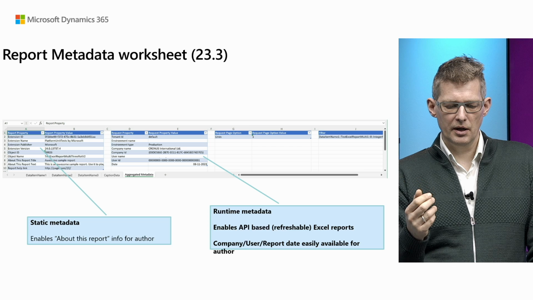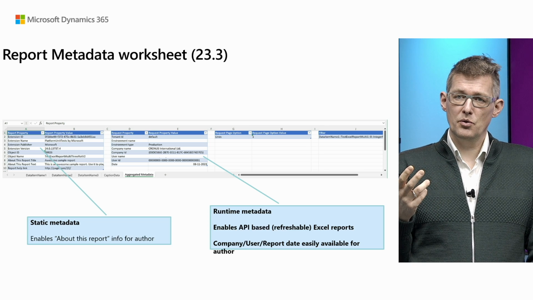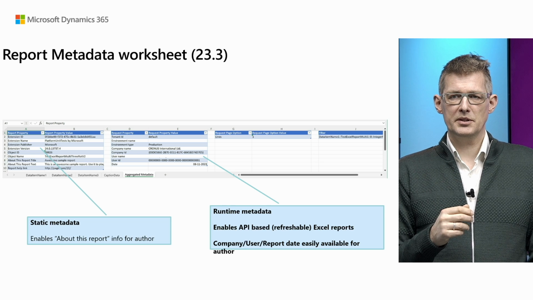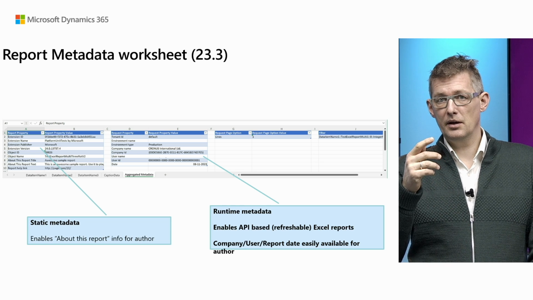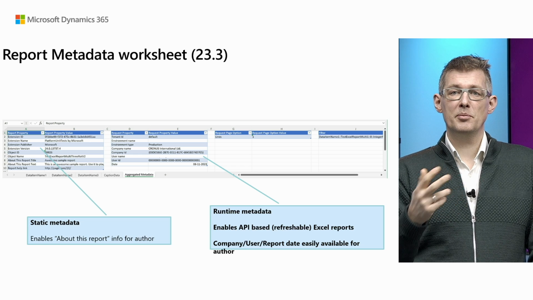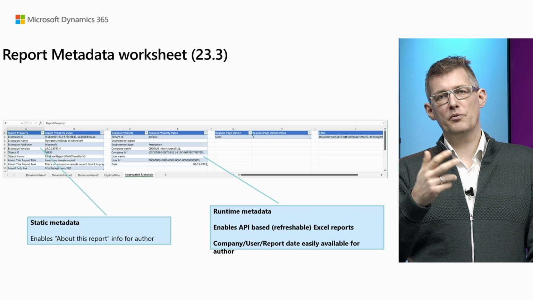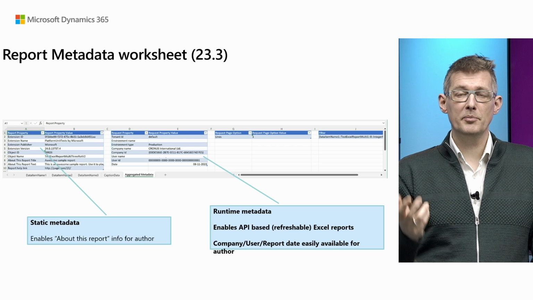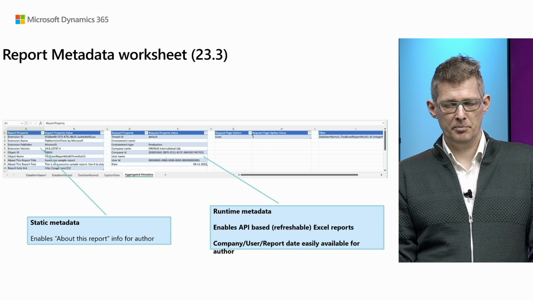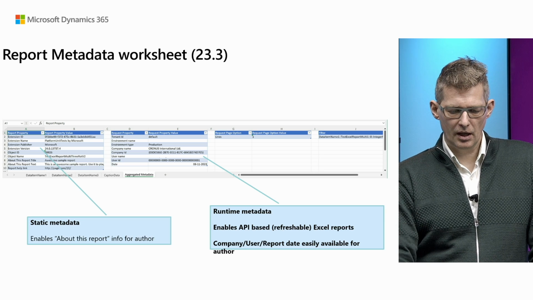But refresh is also a new thing here, because the environment name and the company name or company ID can be used in APIs so that you can refresh the data or augment the report data set with additional data from Business Central APIs.